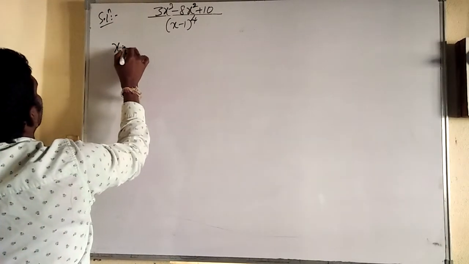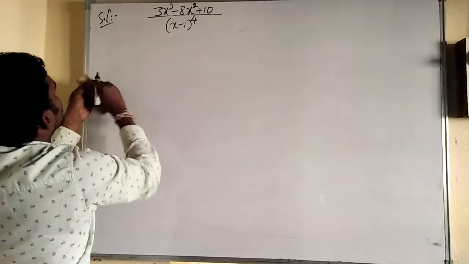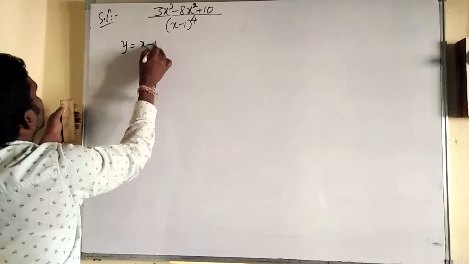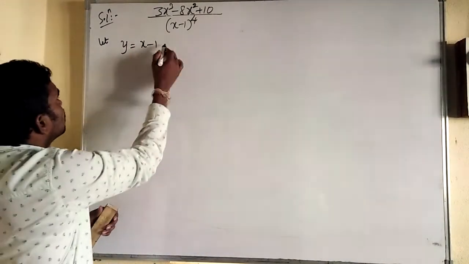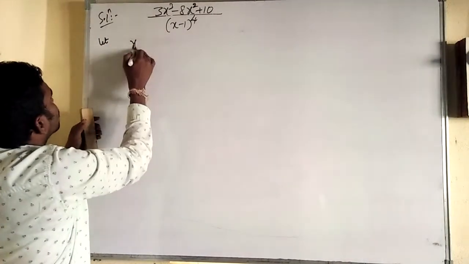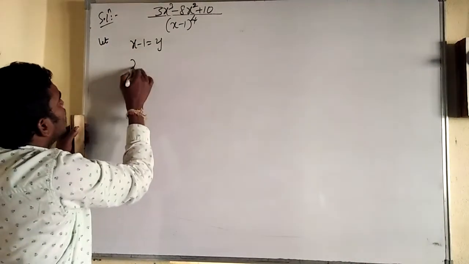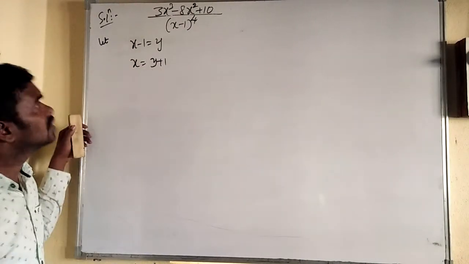Take x minus 1 equal to y. Let y equal x minus 1. So very simple. Then x minus 1 equal to y, let. Then x becomes what? Y plus 1. x is equal to y plus 1.